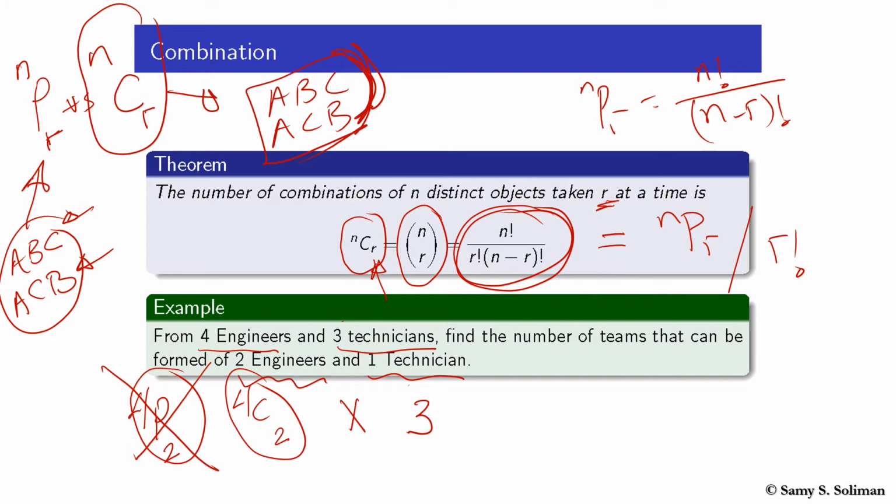And if we want to apply the rule of calculating 4C2, that will be 4 factorial divided by r factorial, which is 2 in this case, and by coincidence n minus r, 4 minus 2, is also 2 factorial, times that 3.